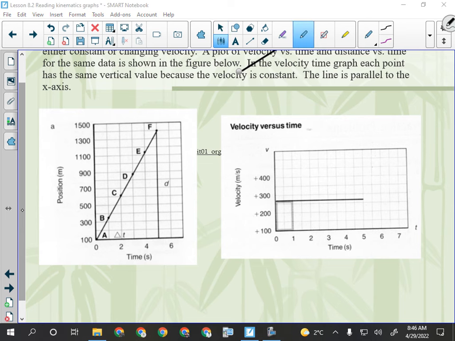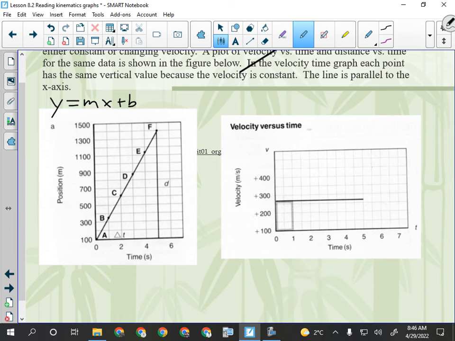If I have a position versus time graph, and it's a single linear function like this one is, okay, what does the slope of the graph represent? Okay, we've gone over this for 2 consecutive days.